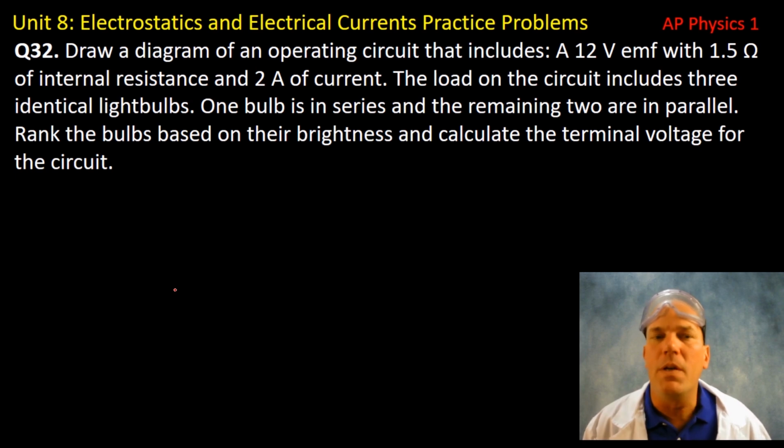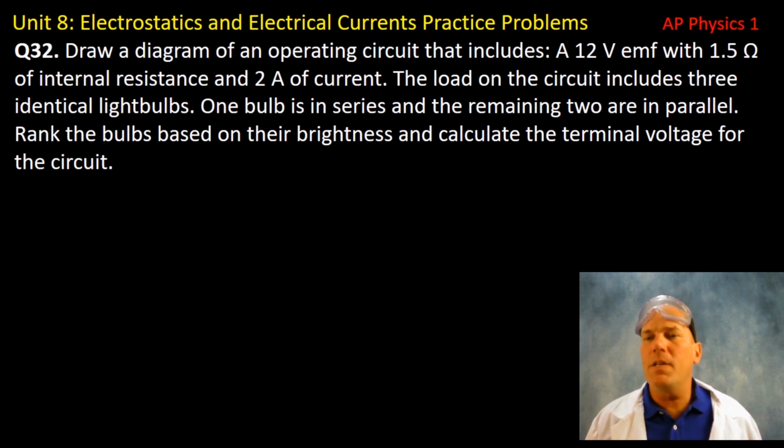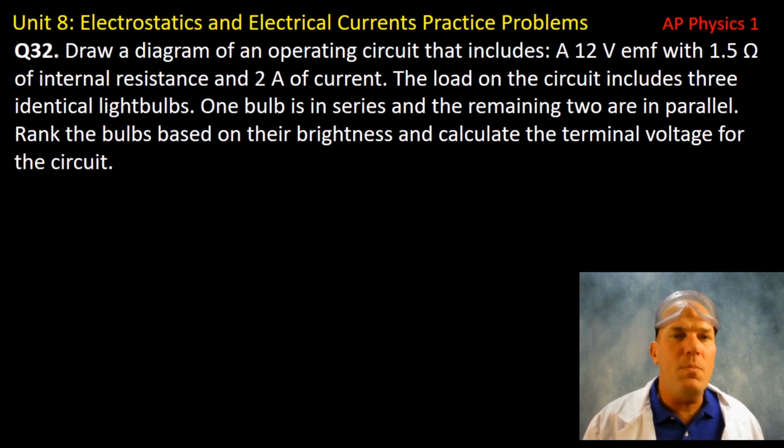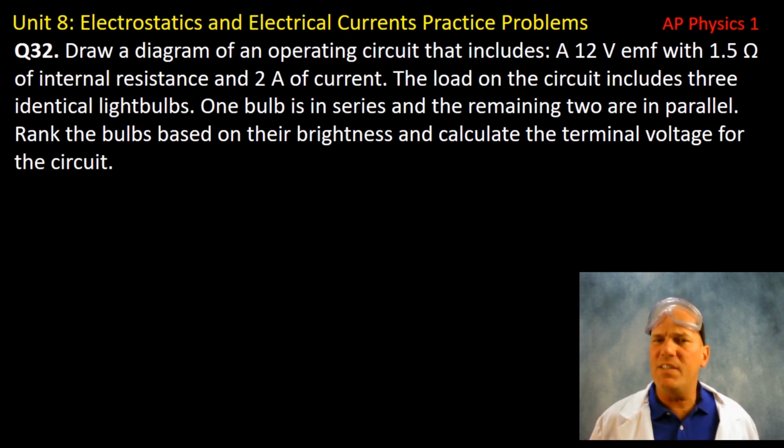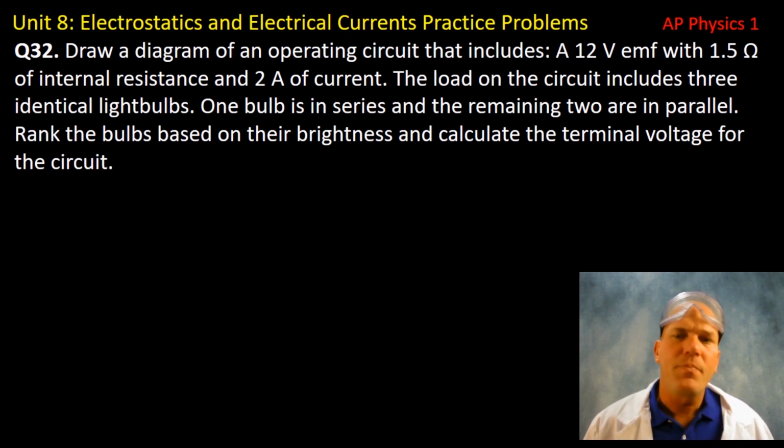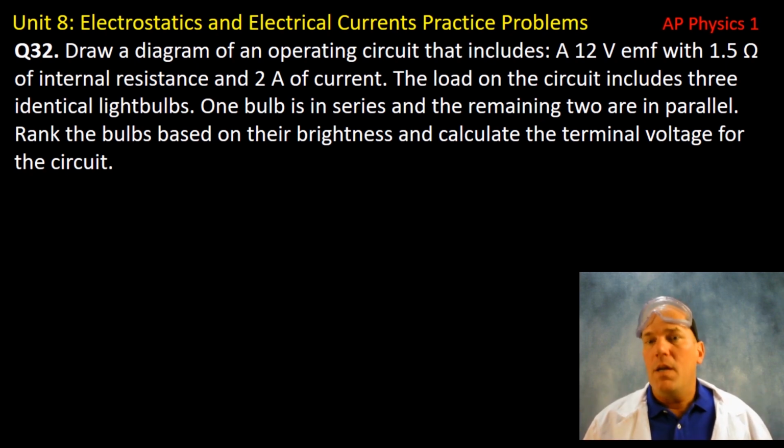Question 32. Draw a diagram of a circuit that includes a 12-volt electromotive force with a 1.5 ohms of internal resistance and 2 amps of current. The load on this particular circuit has 3 light bulbs. They're all identical.